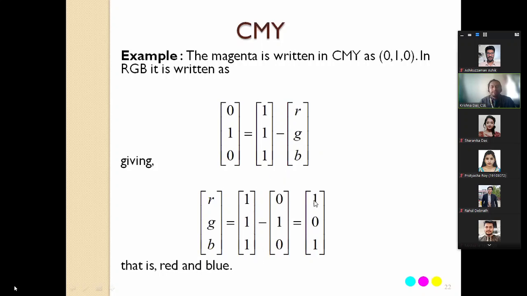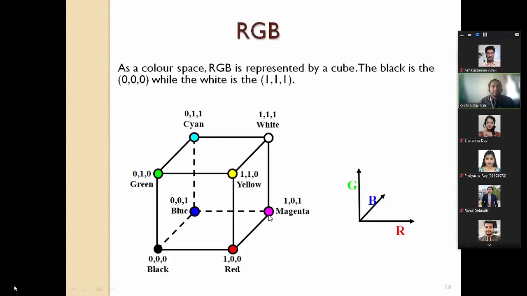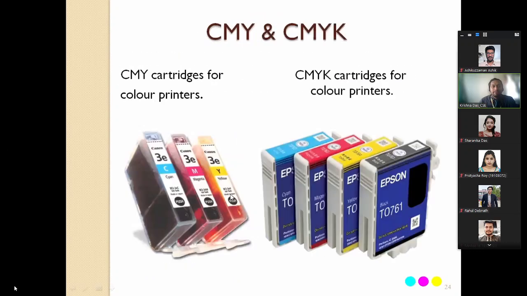So 1 minus 0 is 1, 1 minus 1 is 0, and 1 minus 0 is 1, so we get 1, 0, 1 for RGB. That is red and blue combining to create magenta in the RGB color space, which we can see in the RGB cube. We discussed that in the previous class.